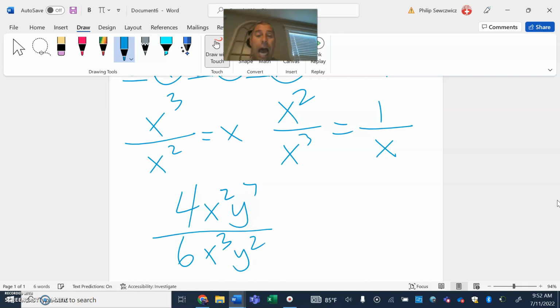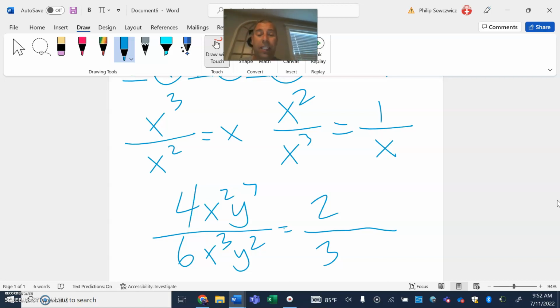Okay, numbers just get treated like numbers. The fraction 4 over 6. Well, you can divide them both by 2, so you're going to get 2/3. Again, the numbers out in front get treated like normal numbers back from the days of middle school math.